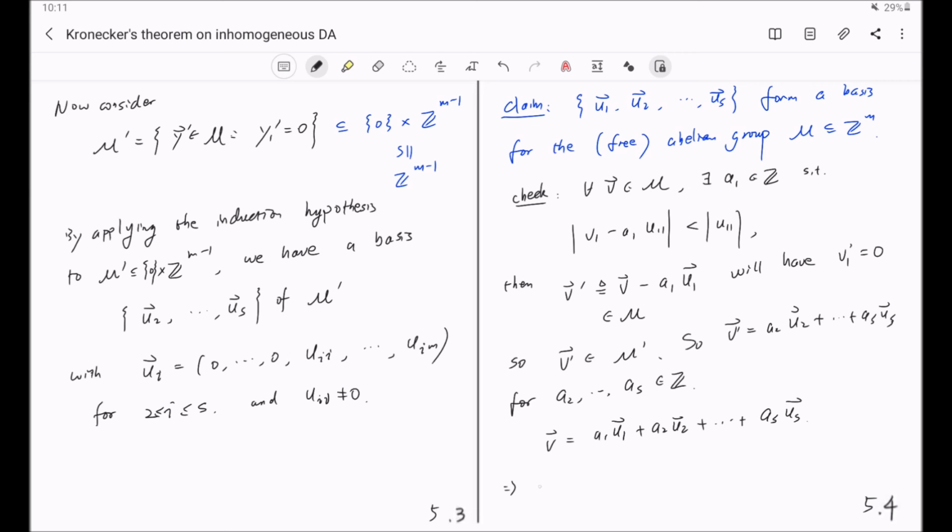Therefore, the Z-span of u1 through us is equal to this M.